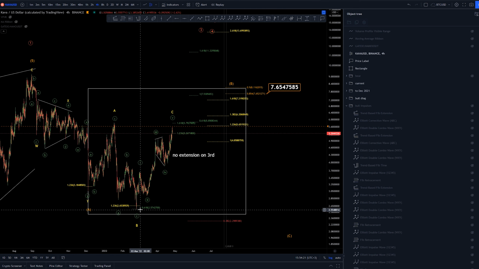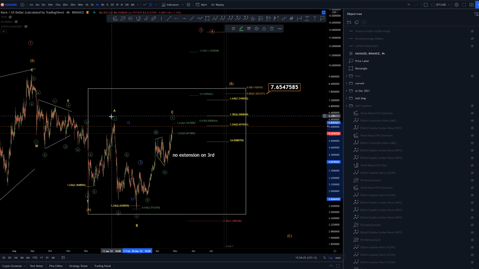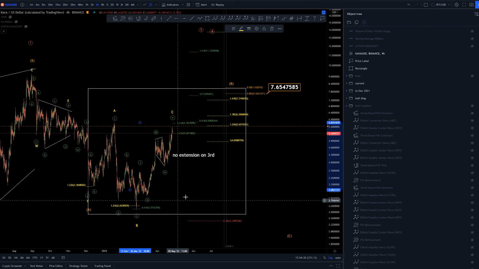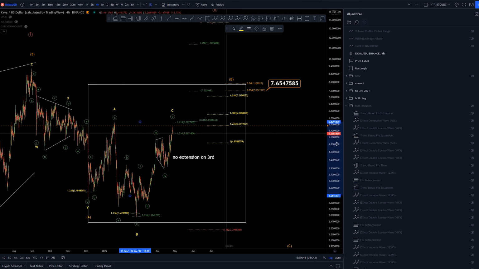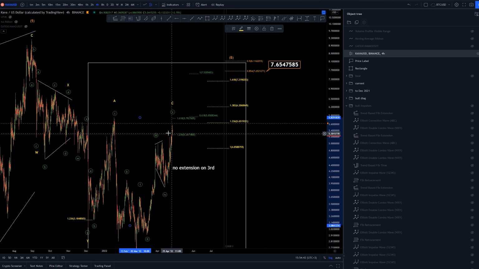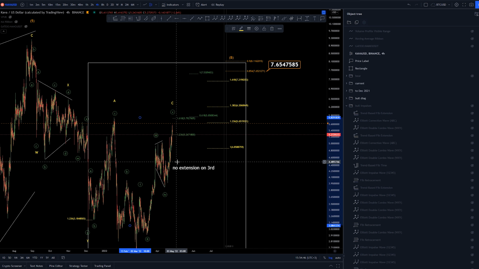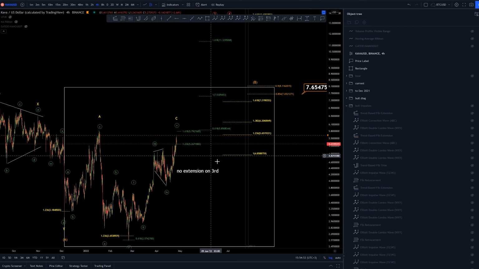We got barely the 0.618 extension of the A wave for the C wave, and the expanded flat is just fine here. Of the expanded flat targets, we've barely missed the 1.236 before now correcting down a bit.